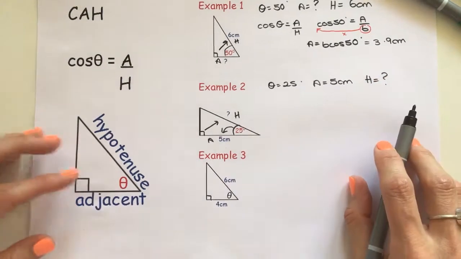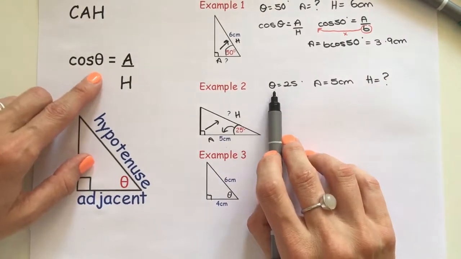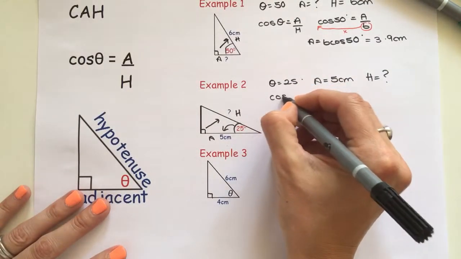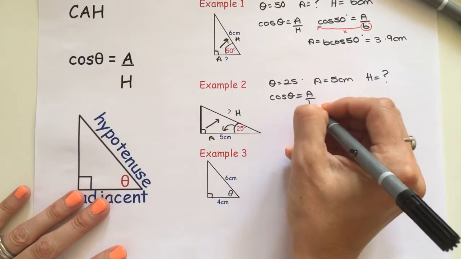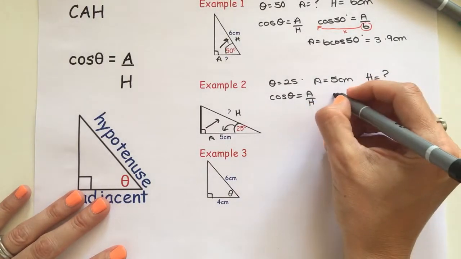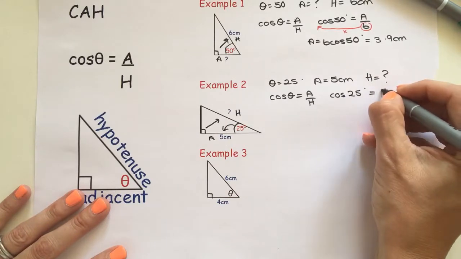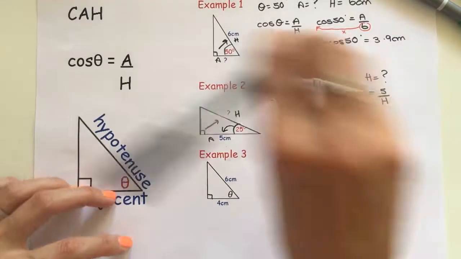No reference to O, so a question involving an angle, A and h are cos. So cos theta equals A over h. Substitute. Cos 25 degrees equals 5 over h.